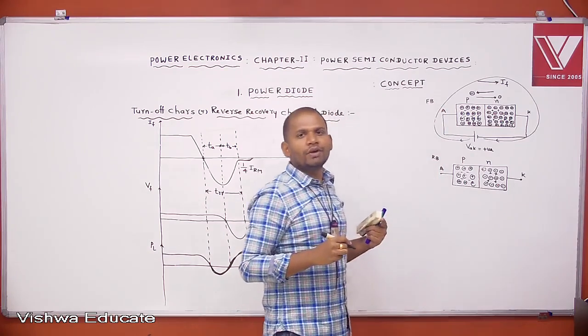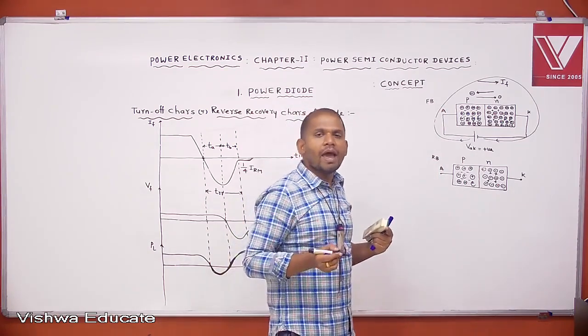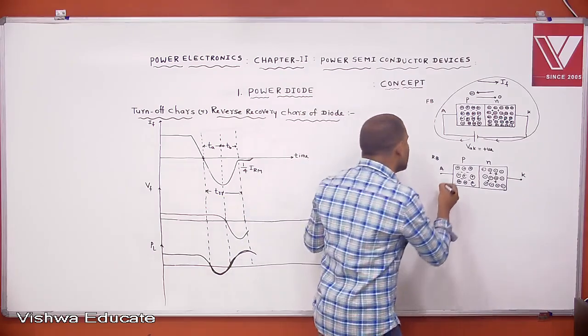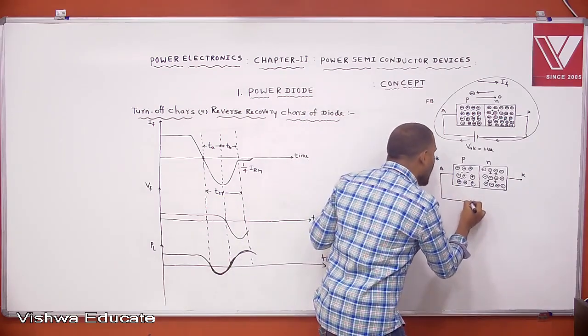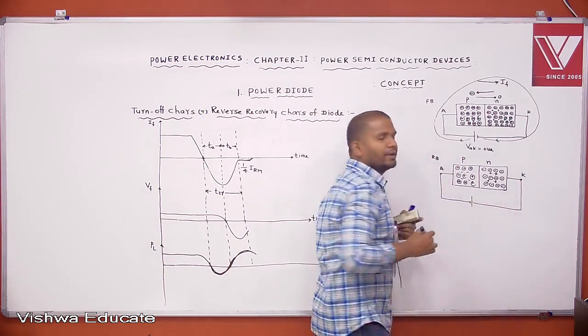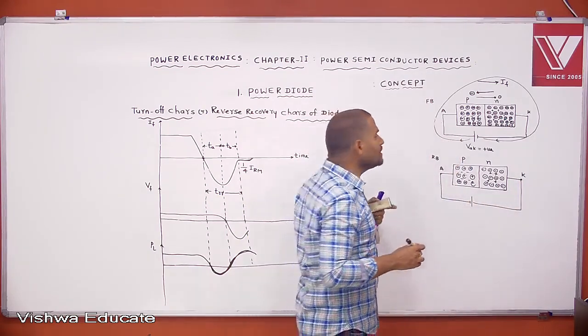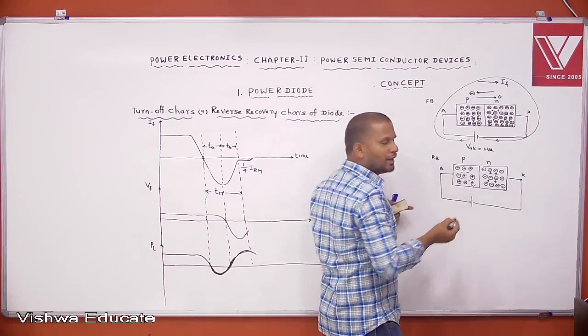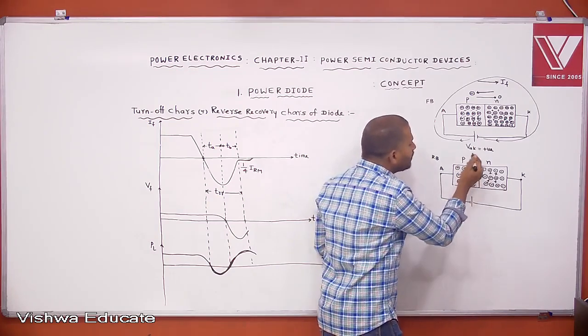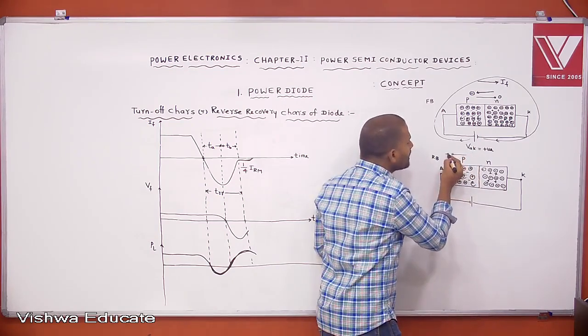To make the diode reverse biased, the anode to cathode voltage must be negative. If you want to make the anode to cathode voltage negative, the anode is connected to the negative plate and the cathode is connected to the positive plate. Because of this polarity, all the positive charge is attracted by the negative plate, so holes are moving in this direction.